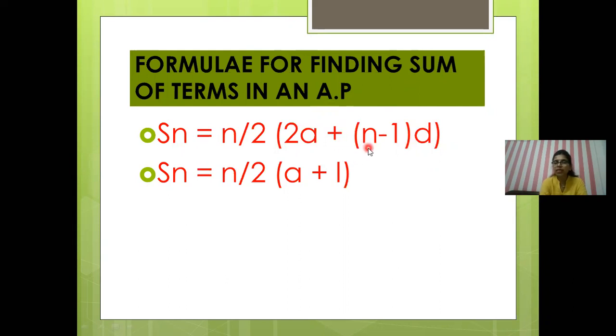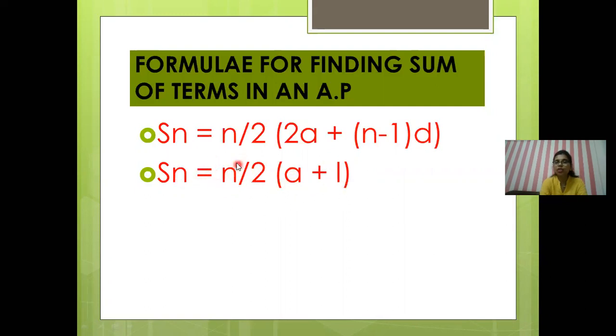So if the AP series is given, from that you can find the value of a, d, and they will also tell you how many terms are present. So in that case, you are going to use this particular formula n upon 2 bracket 2a plus n minus 1 d. But suppose they have given you the first term and the last term, so in that case, you are going to use this formula Sn is equal to n upon 2 bracket a plus l.